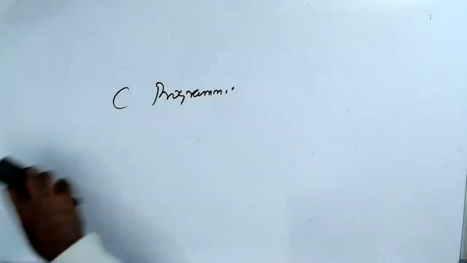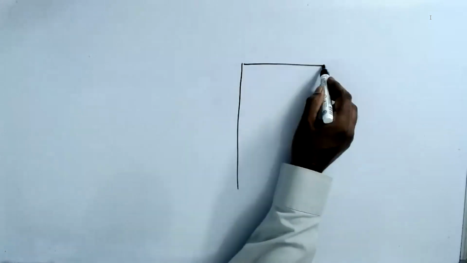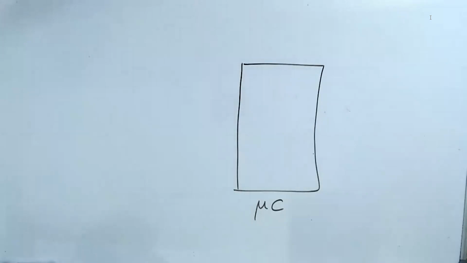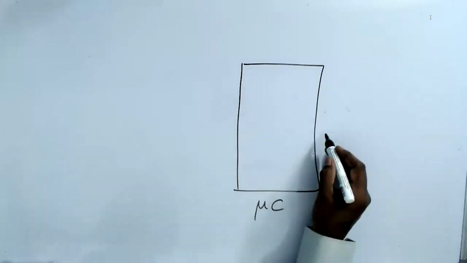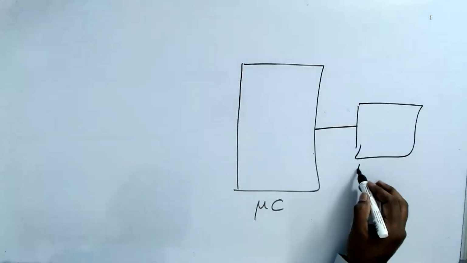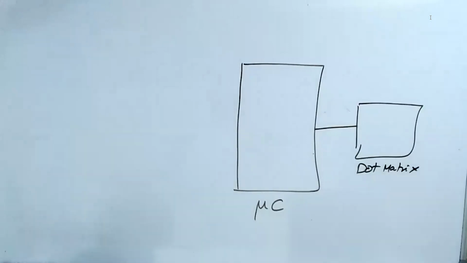Now, that's another critical topic, which we are going to explain in the next class, but I'm giving you the idea of it. The idea is, let us say I buy a microcontroller, and you connect a dot matrix to it.